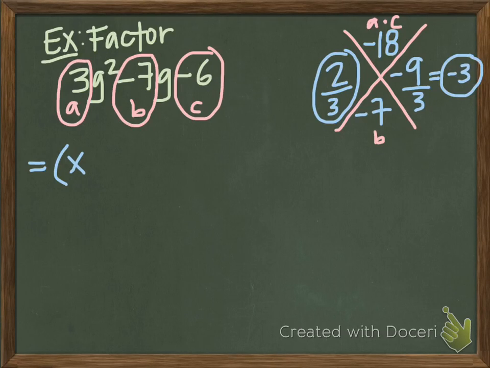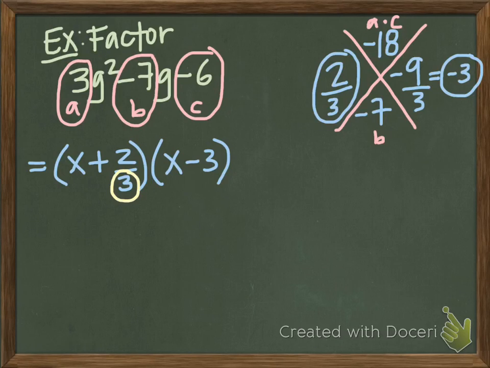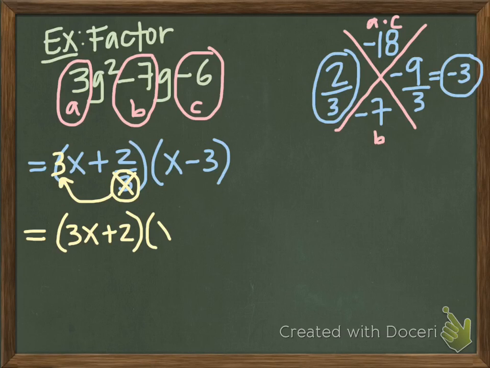So I've got x plus 2/3, and I've got x minus 3. Step 7, if I have a fraction, which I do, move the denominator in front of x. So I'm going to take that 3, move it in front of x, and now it's gone. Let's go ahead and rewrite this. 3x plus 2 times x minus 3.